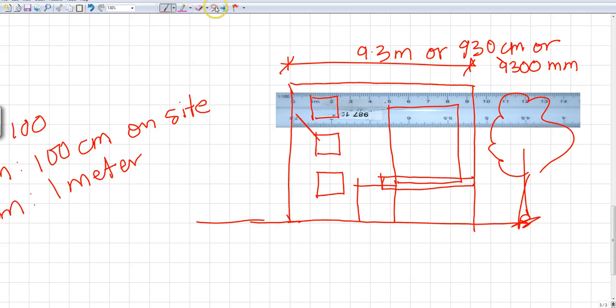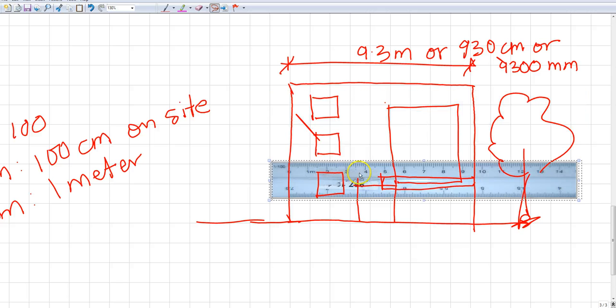So if I were to measure something else, now let's see, I want to measure the window, which is right here. How much is that? From 0 it is a little less than 1.5 meters, right? So it's 1, 1.1, 1.2, 1.3, maybe 1.4 meters.